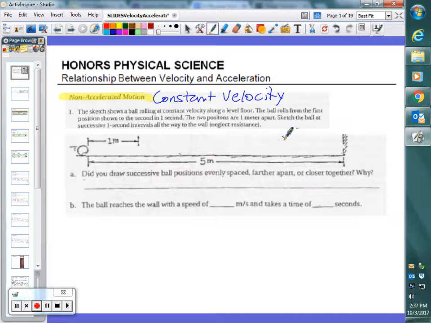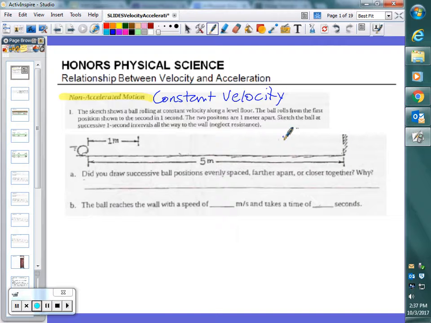So if something is going to have a constant velocity, a non-changing velocity, what has to be true about it? Acceleration is zero. Good. If we were looking at it, what would we see? On a graph, maybe. If we were looking at the object, what would we see? Same speed, same direction, right? That's a constant velocity, yes? Does that make sense? Okay.